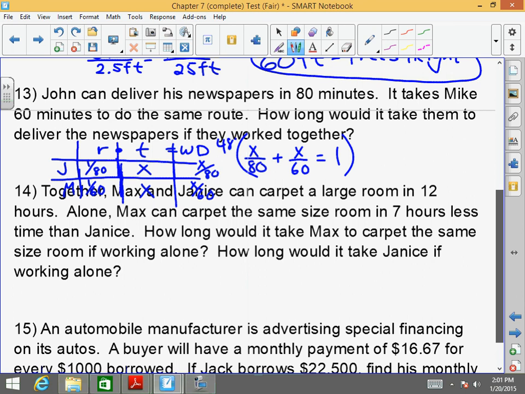Multiply everything by, you know what, 240 would be wiser, and less work. So we're looking at 30x plus 40x equals 240.